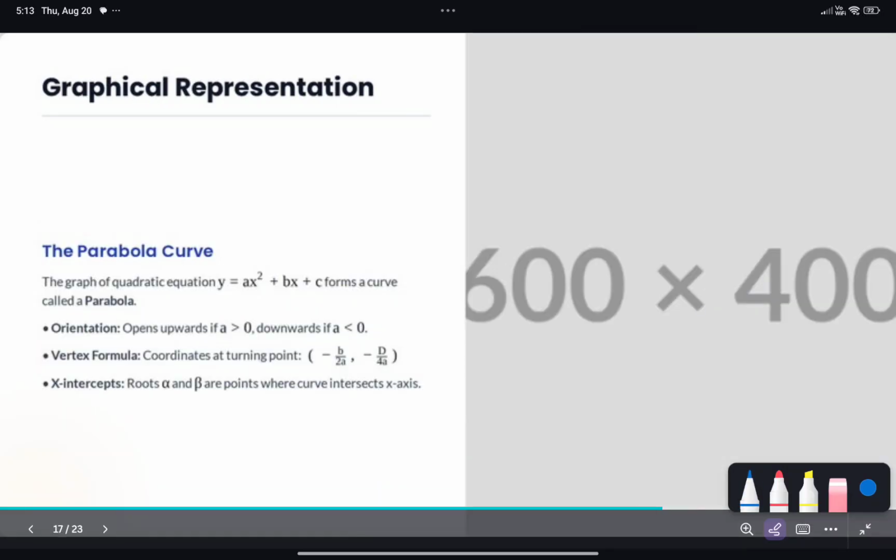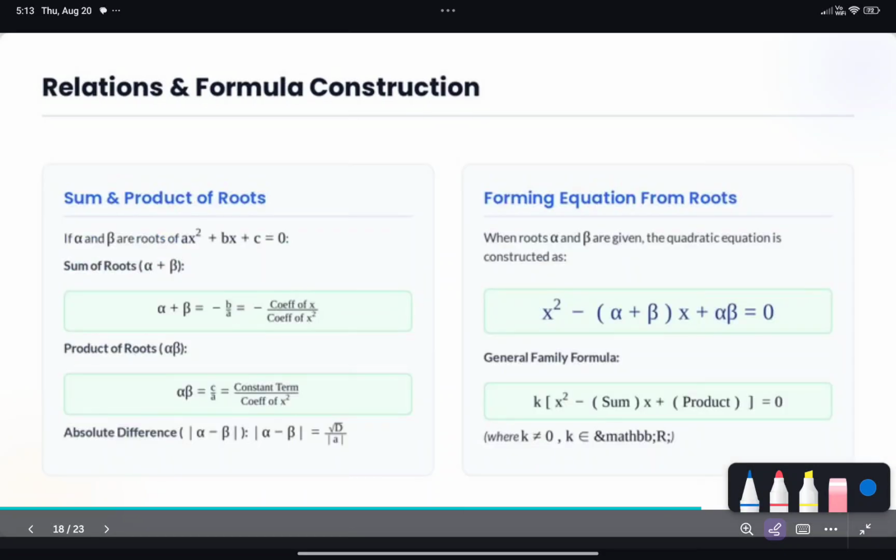The parabola is the graph of the quadratic equation, we saw, or not? Yes, so we need to discuss it here. Sum and product of the roots. Whenever we add the roots, it must be equal to minus b by a, the coefficient of x by the coefficient of x square.